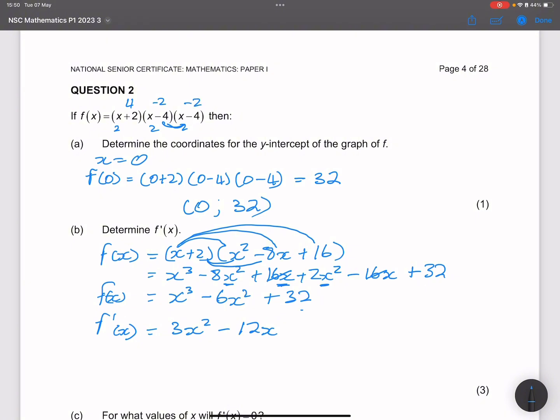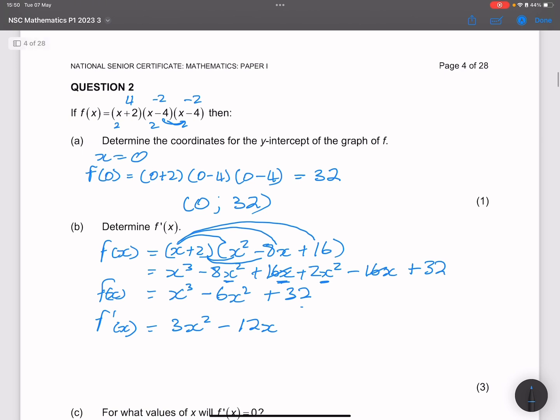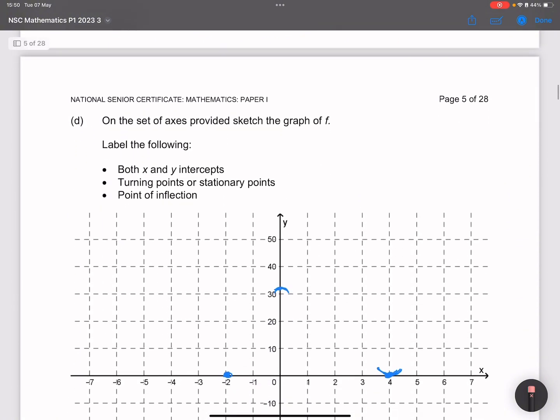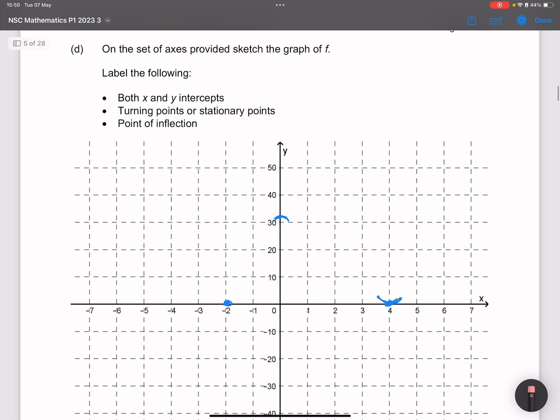So we have 4 times 2 times 2, and that will give us 16. So our point of inflection will be at x is 2 and y is 16, so that's (2, 16). Let's just say somewhere over there. Let's point 16 at that point.